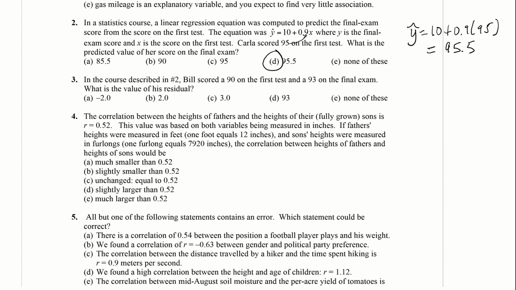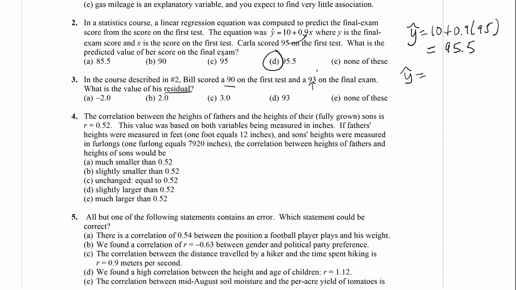All right, in the course described in number 2, Bill scored a 90 on the first test and a 93 on the final exam. What is the value of his residual? The residual is Y minus Y hat. Since he scored a 90 on the first test, we need to calculate his predicted score on the final exam.